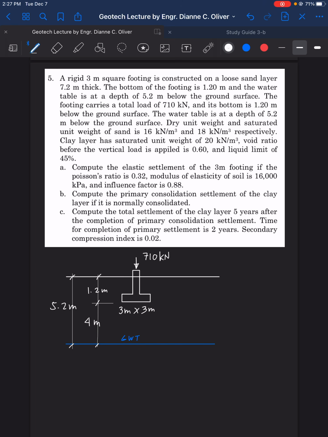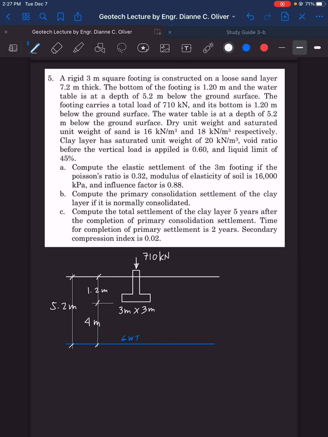The footing carries a total load of 710 kilonewton, and its bottom is 1.2 meter below the ground surface. Again, it's mentioned twice. The water table is at a depth of, okay, so this is a typo error. The water table is at a depth of 5.2 meter below the ground surface.